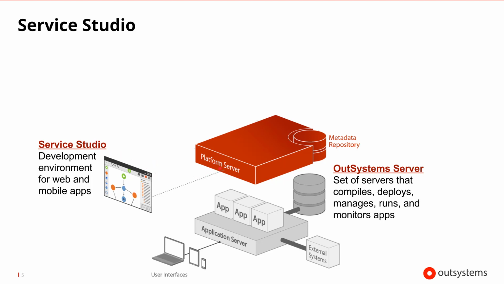Once we connect to the platform server, the applications can be published to the server, and versions of those applications will be stored in the metadata repository. The platform server will then compile and generate those applications and deploy them to standard application servers, so that the application server can use traditional databases and external systems to go ahead and run those applications.